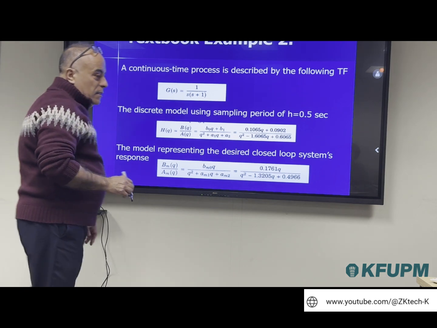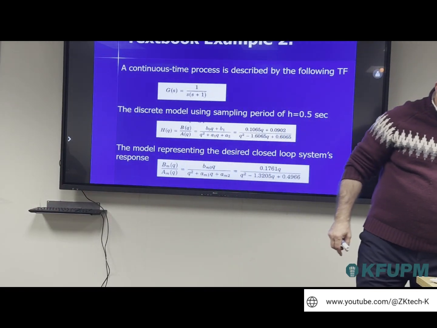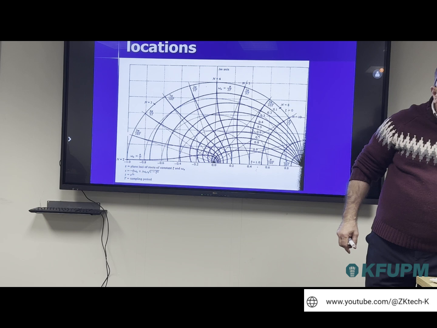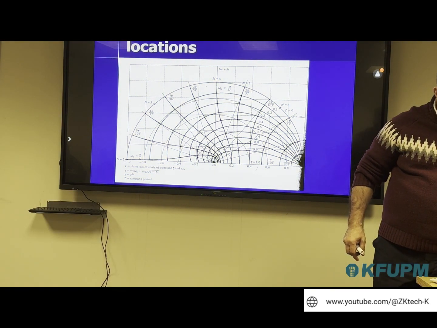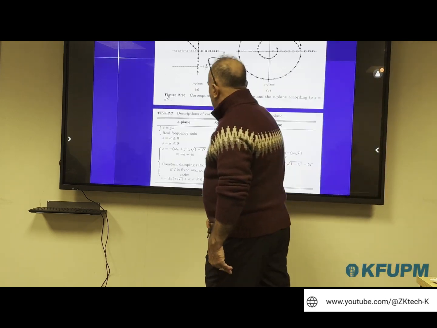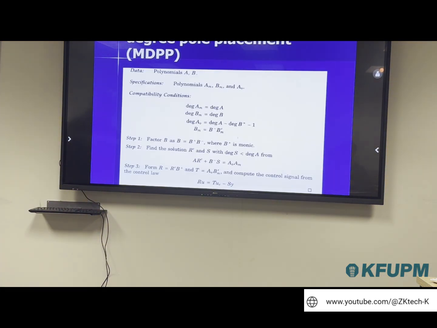Now, based on this, I am going to go to my equation that we have. Where is the algorithm? Yeah, this algorithm. The algorithm says A times A prime plus B minus times S is equal to A0 Am.